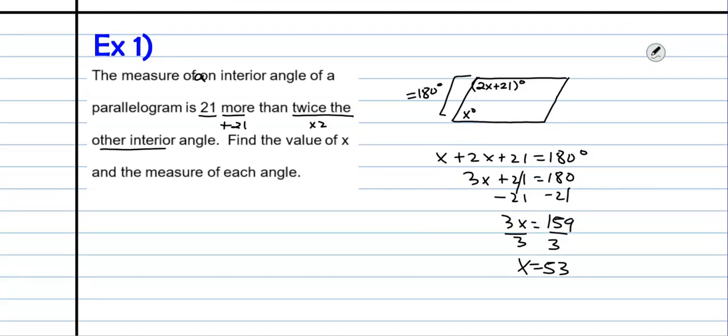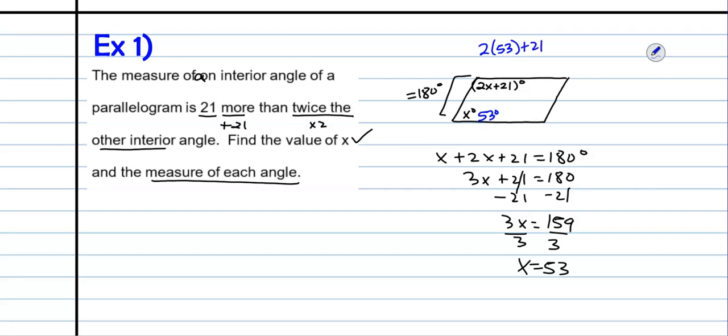Okay, so we're not quite done because it says find x, which we did, but it also says find the measure of each angle. So we want to take that 53 and just plug it back in. So when we put it in here, that's pretty simple. X is just 53. And then when we put it into this other angle, we want 2 times 53 plus 21.